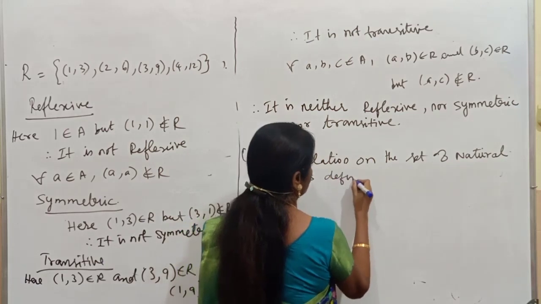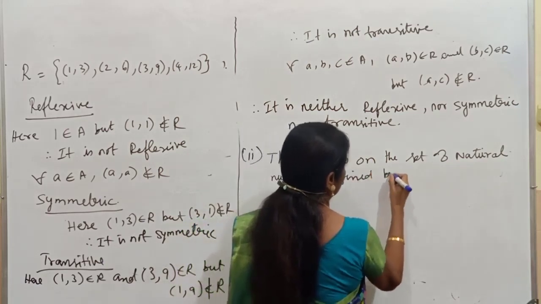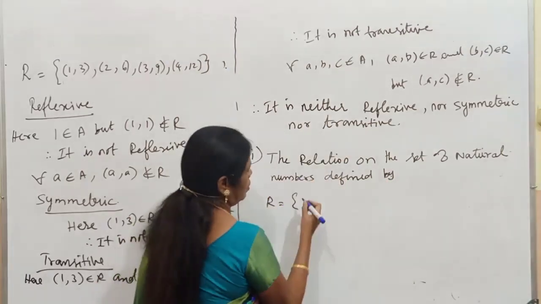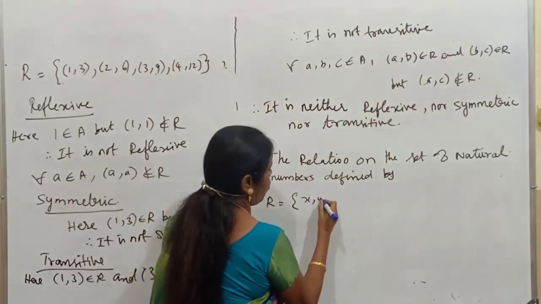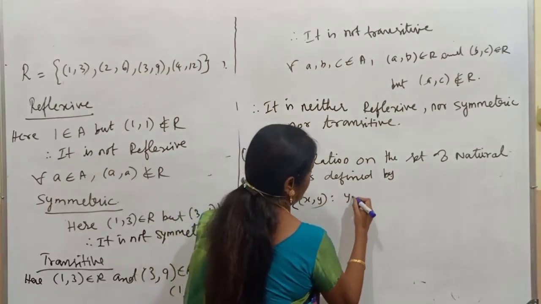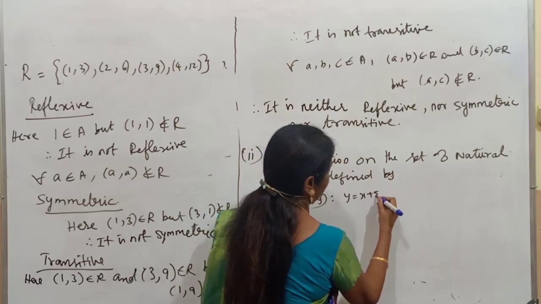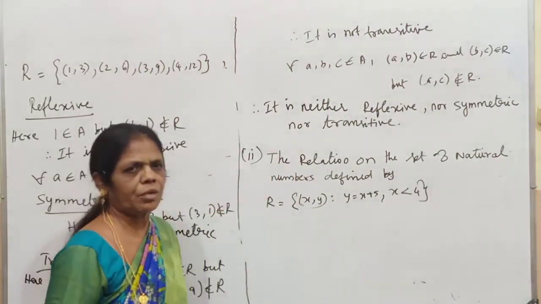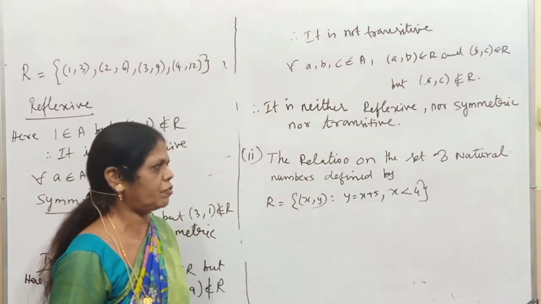Defined by R equal to x comma y such that y equal to x plus 5. We are going to check whether it is reflexive, symmetric and transitive.